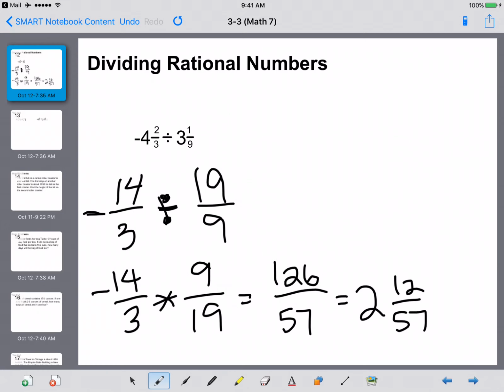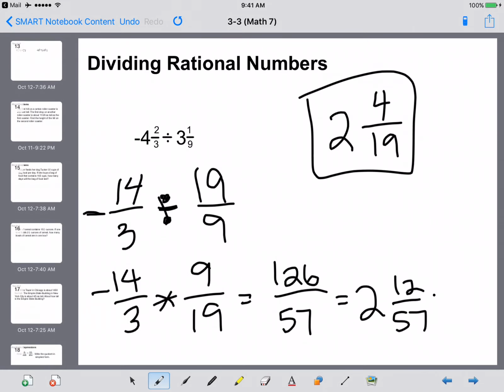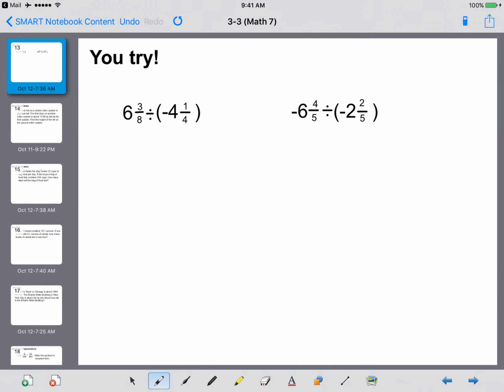And we can. 3 goes into both of those. So it'll become 2. 12 divided by 3 is 4. 57 divided by 3 is 19. And there we are in simplest form. So you pause and try these two and then check back per the usual.